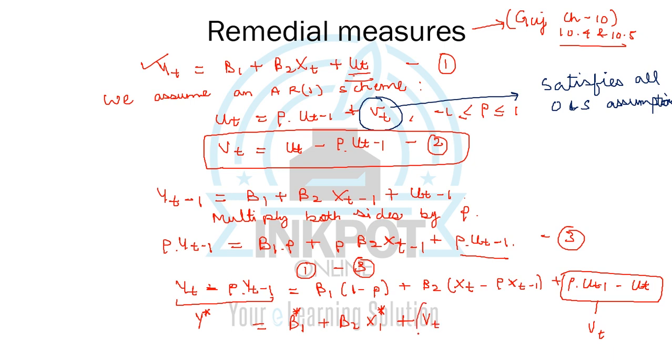And remember, this satisfies the usual OLS assumptions, and this term is no more autocorrelated with the past error terms. So in a way, the estimates of both these parameters are BLUE, and they can be estimated by the OLS technique.